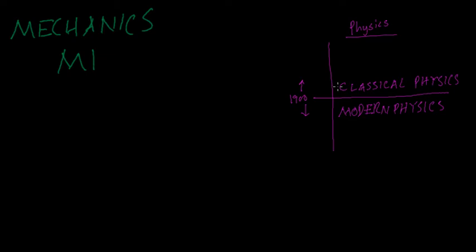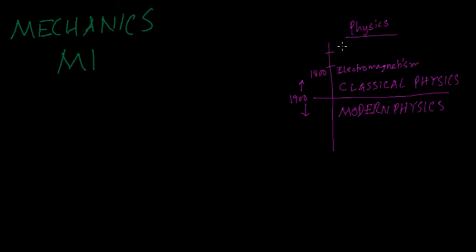Classical physics in turn is broken down into two parts. One is called electromagnetism, this is 1800. So we can say that 1800 to 1900, all the discoveries and the fascination of physics was electromagnetism.